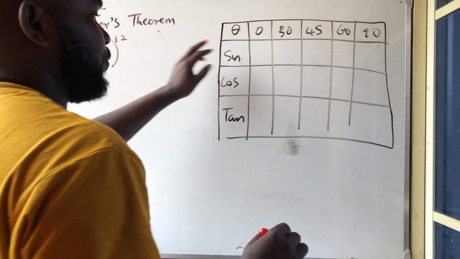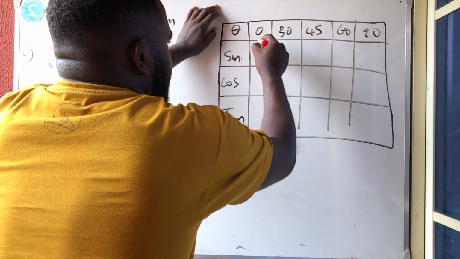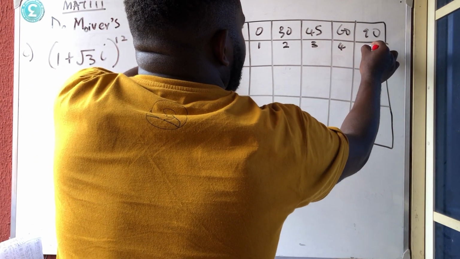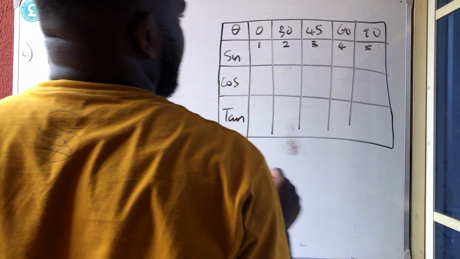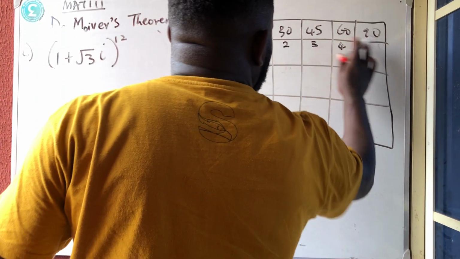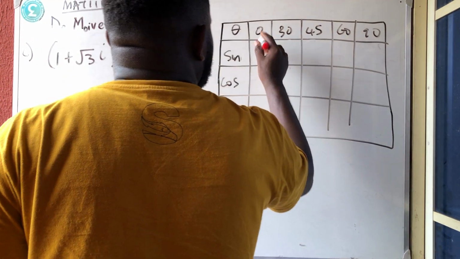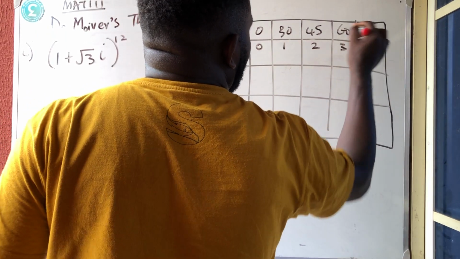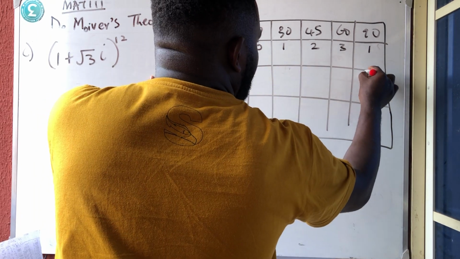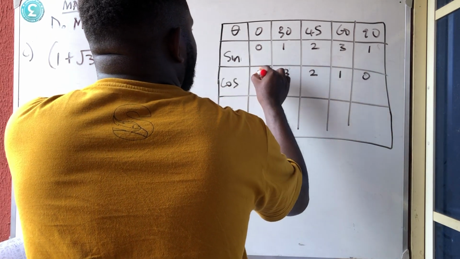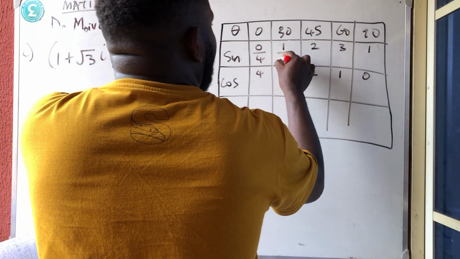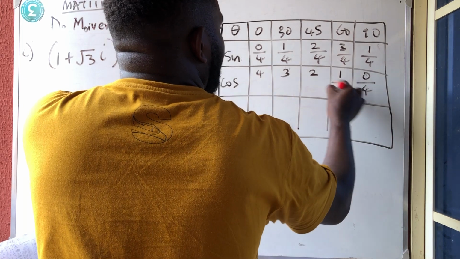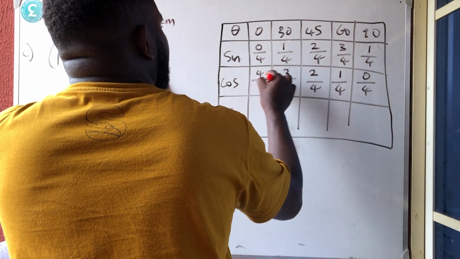Start counting from 0: 0, 1, 2, 3, 4. Then come back the same way: 0, 1, 2, 3, 4. Then make everything over 4.